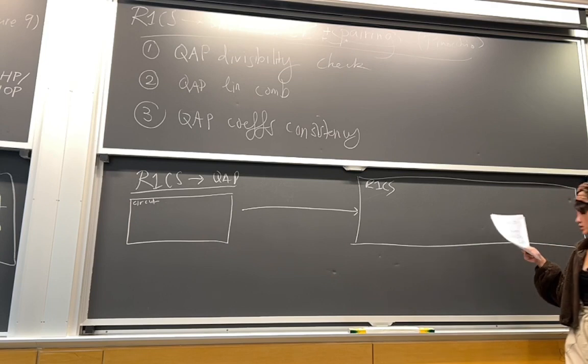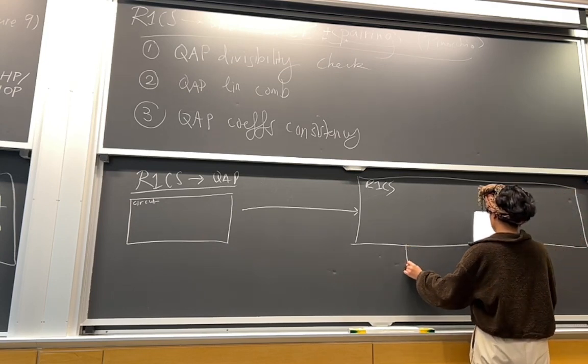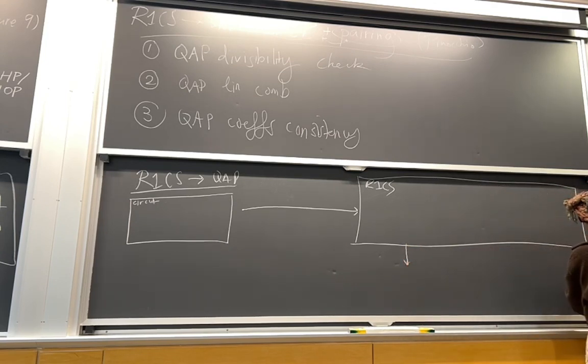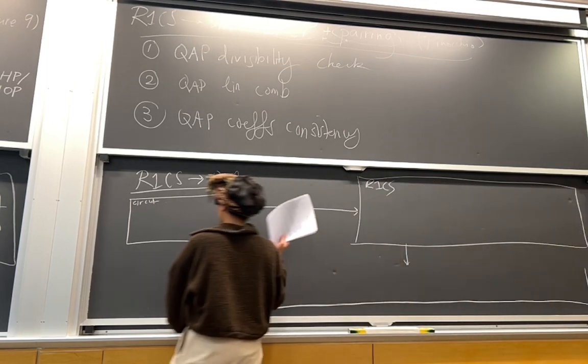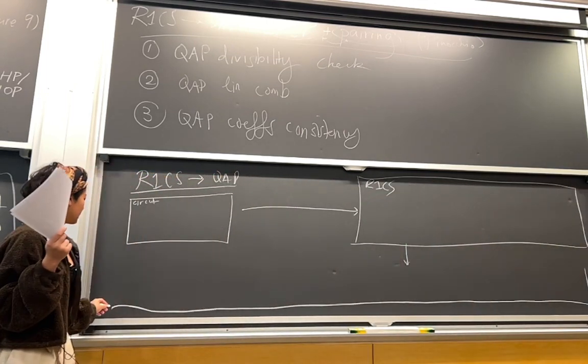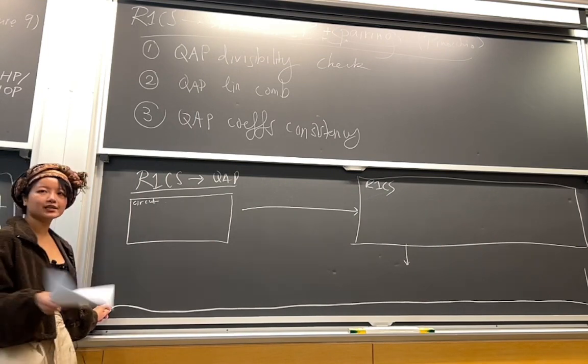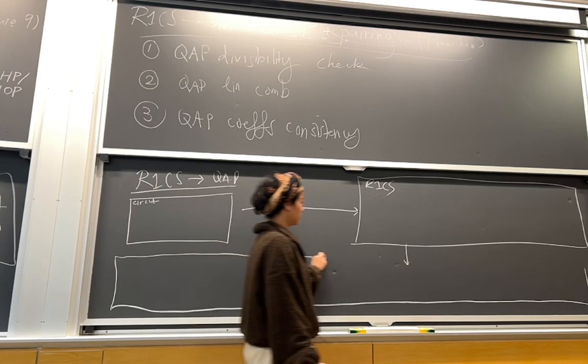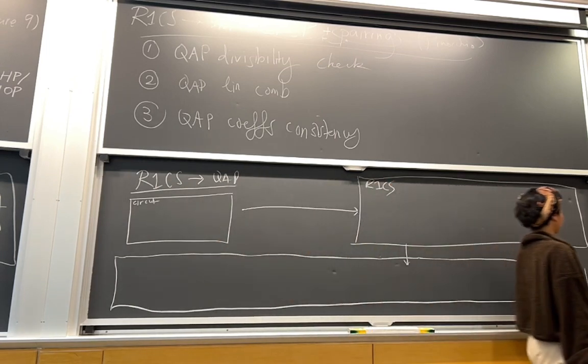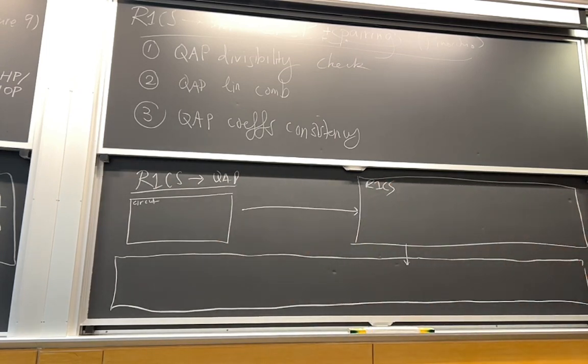And then from the matrices, we're going to get, finally, our QAP, which contains the same information, which checks the correctness of the matrices using a single polynomial identity, a probabilistic check of a single polynomial identity.